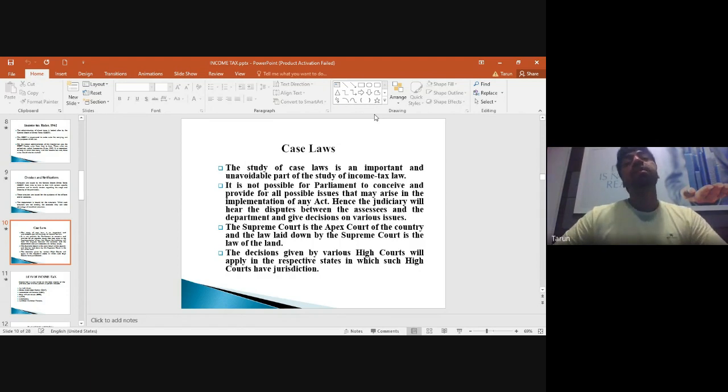It is not possible for the parliament to provide every time for all the possible issues, that a person or a student has to read and consider in their theoretical concept. It is not possible.